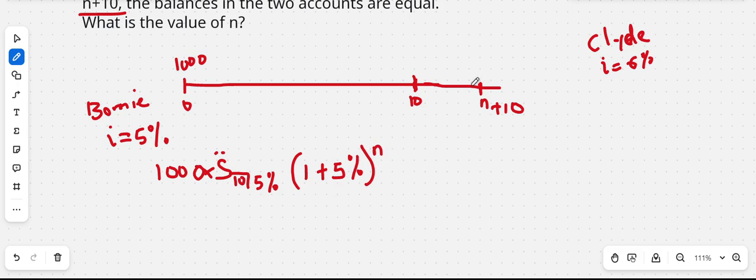So this is the growth of the money at this point here. Now, the balance is this at time 10. Then for it to grow another n years, we have to multiply it with this growth factor, 1 plus 5% raised to power n. So this is the balance in Bunny's account.